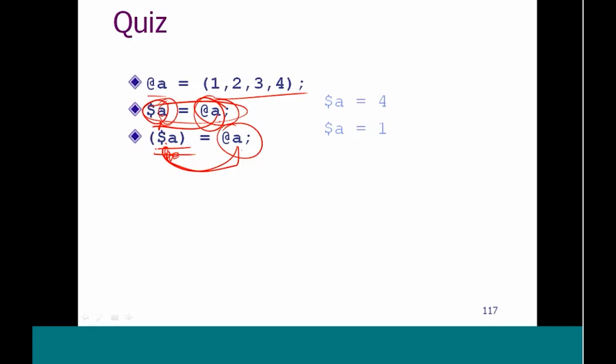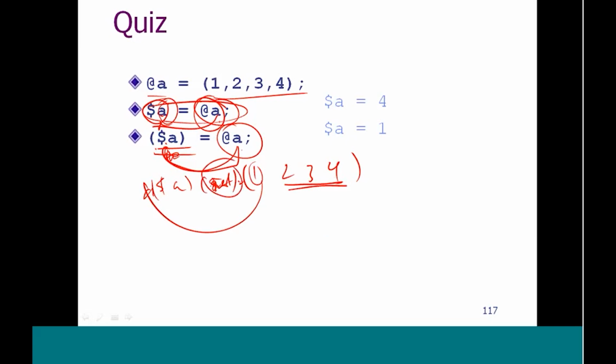So you can say that this is @array 1, 2, 3, 4, and then the first element is captured in $A, and the remaining is the rest, 2, 3, 4.